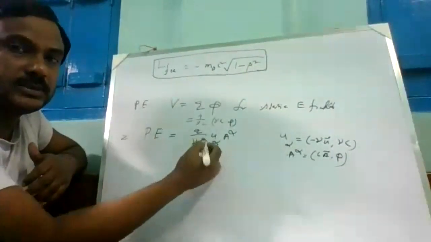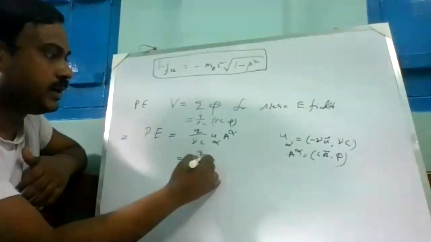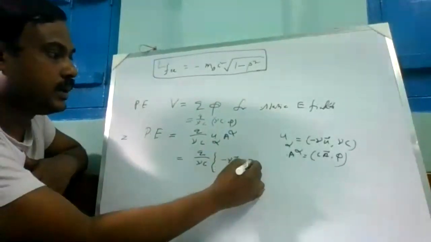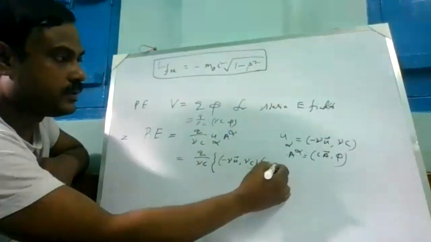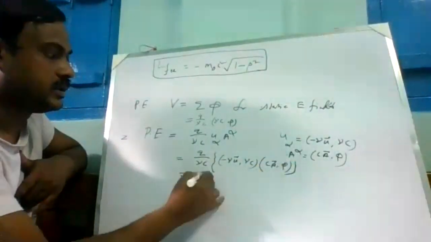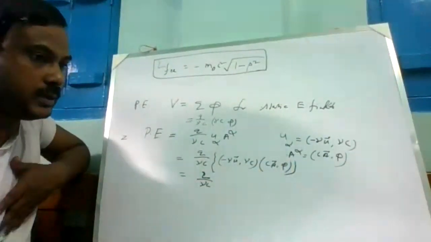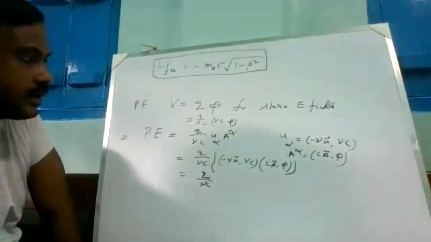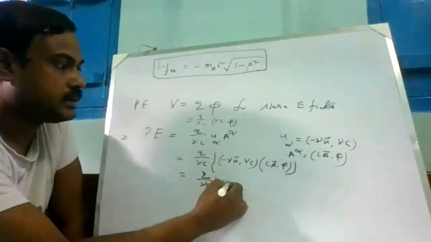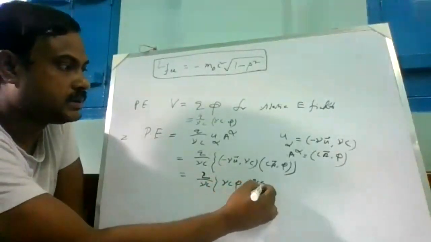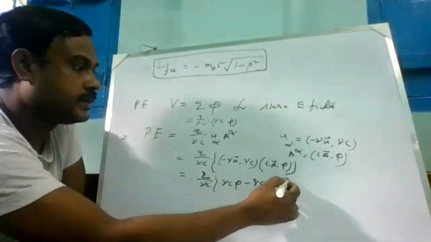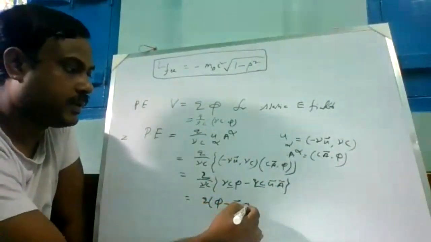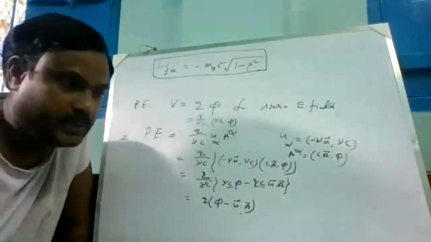Working out Q by gamma c U alpha A alpha, taking the scalar product of these two vectors gives you gamma c phi minus gamma u dot A. So this gamma c will cancel out, and this simply will be Q phi minus Q u dot A. So this is the interaction potential energy.